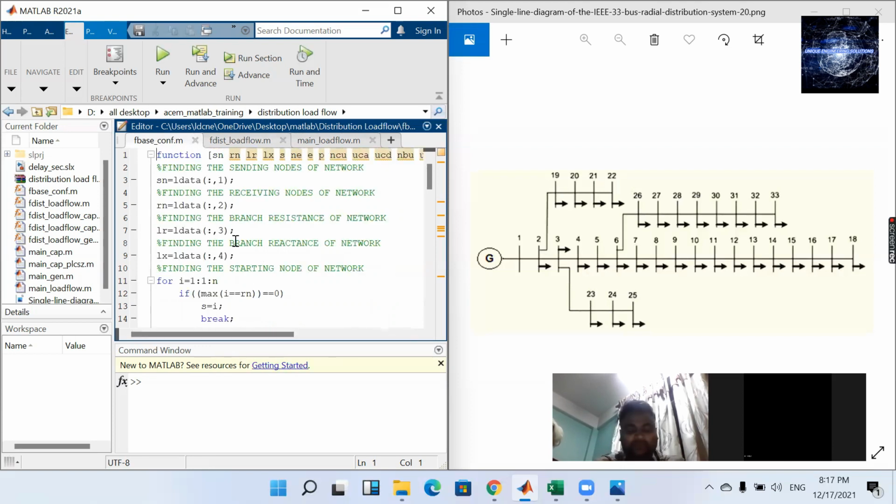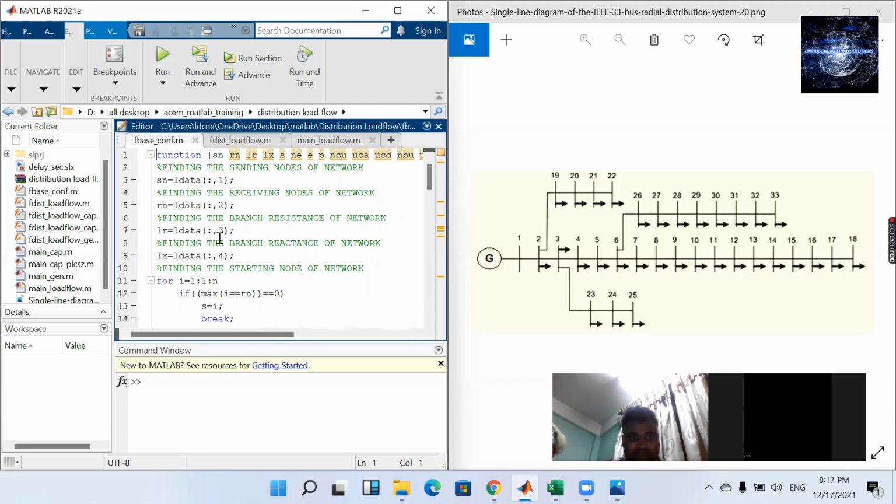So we can segregate the sending end nodes by copying the first column from L data, because the first column consists of sending end nodes. Like that, the receiving node is in the second column, so from the second column we can get the receiving end nodes.